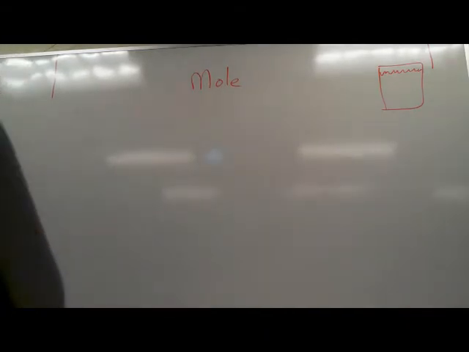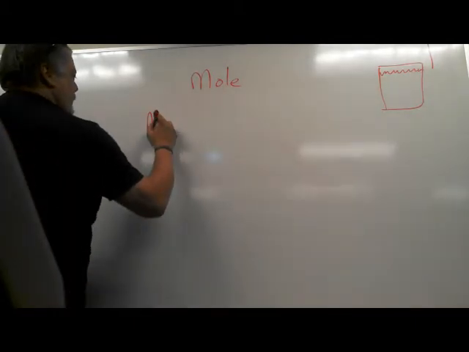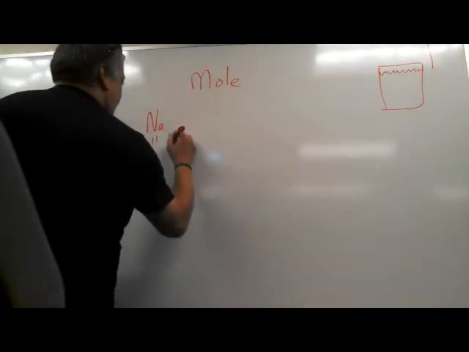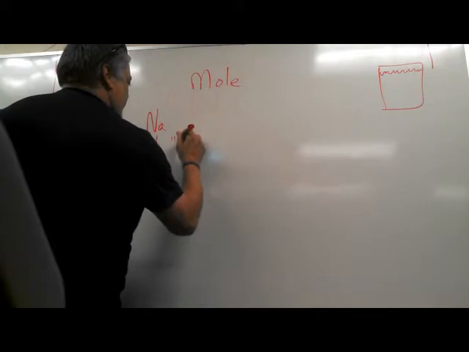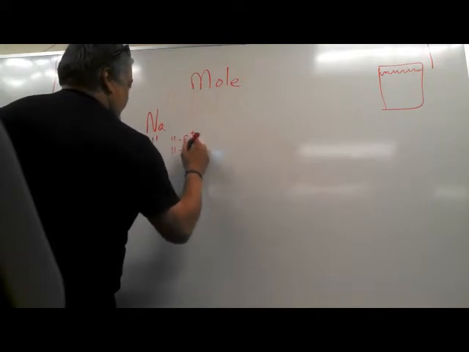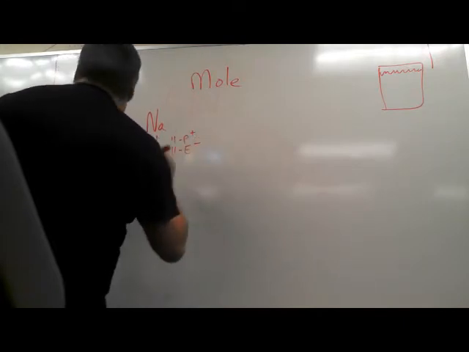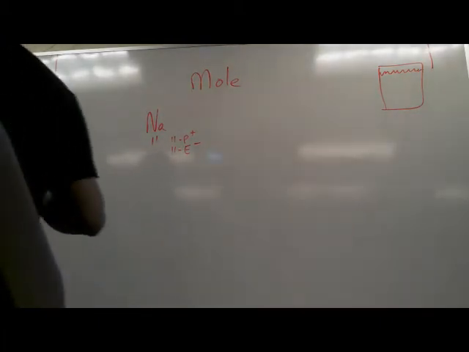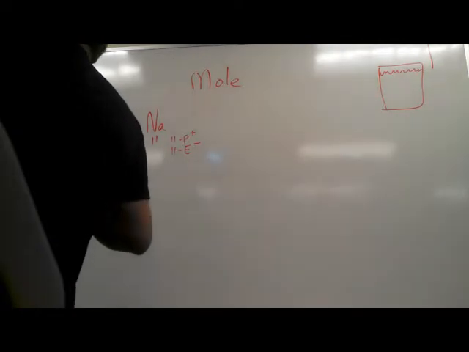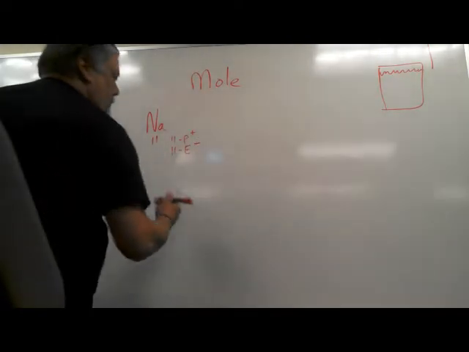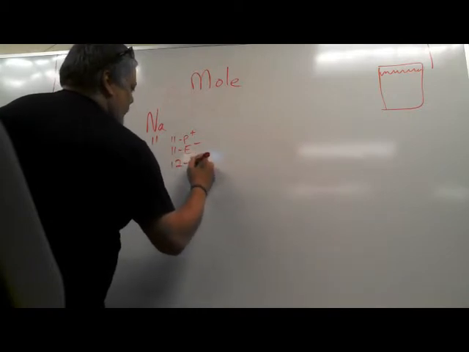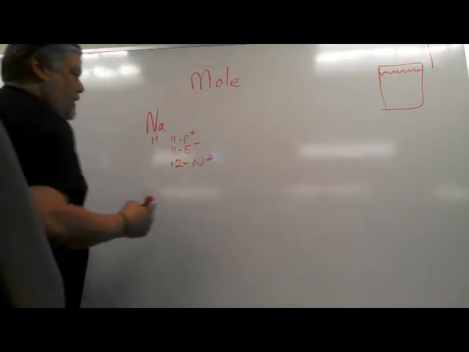Okay, we know that sodium, the atomic number, is 11. What does that mean? It has 11 protons, 11 electrons, and if we subtract 11 from the atomic mass, which is 22.98 rounded up to 23, we find out that it has 12 neutrons, which have no charge.